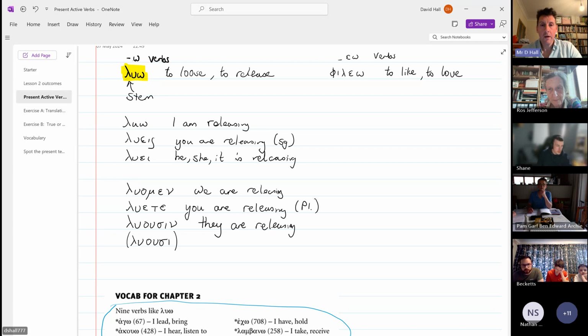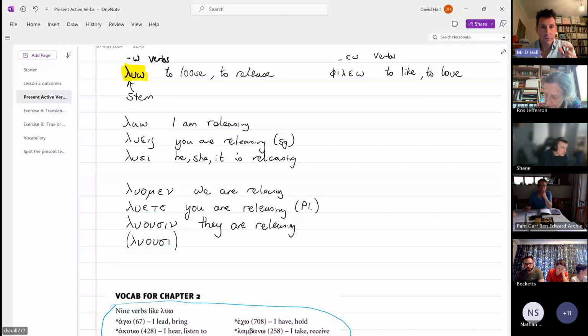So philo. Now I have this epsilon, and when we take the stem, it has what's known as a weak epsilon on it, and that actually affects what happens when we try to put the ending with the word. And we get something which is known as a contraction take place.